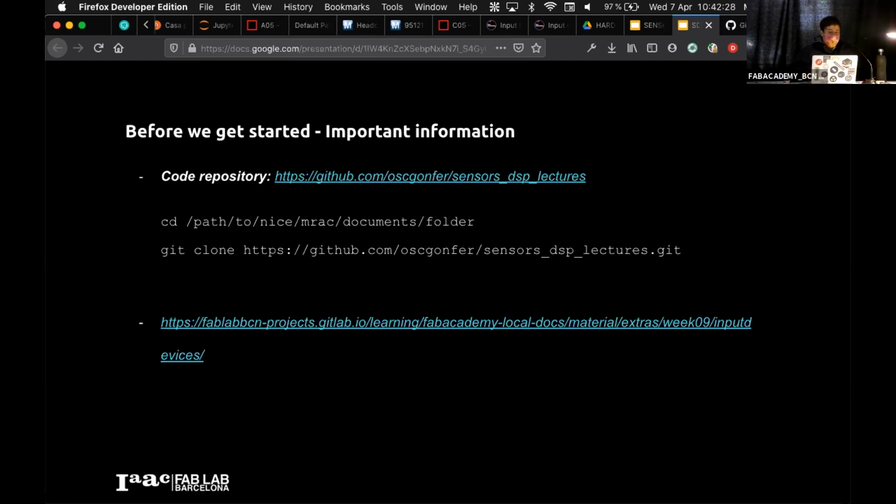As you know already, you are experts in Git, so you can clone it, get any changes, or even contribute to it. If something doesn't work, please open an issue and help make it better.